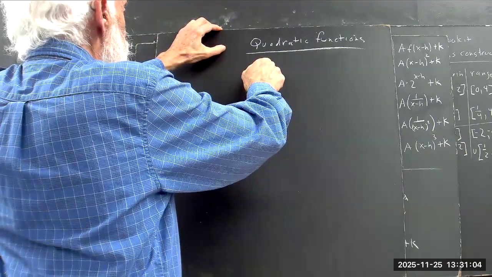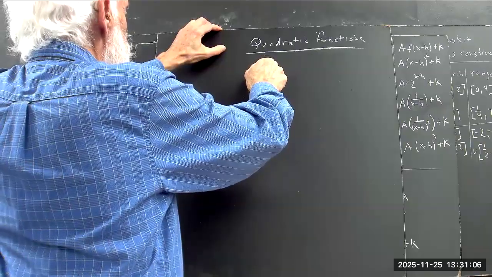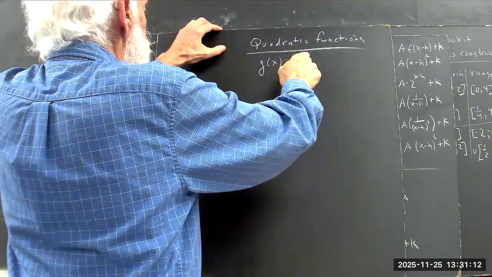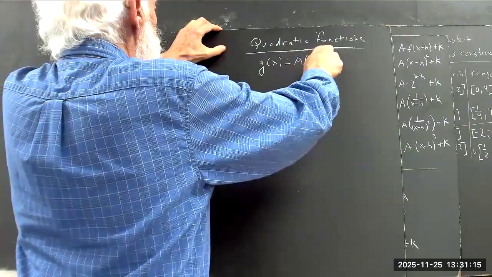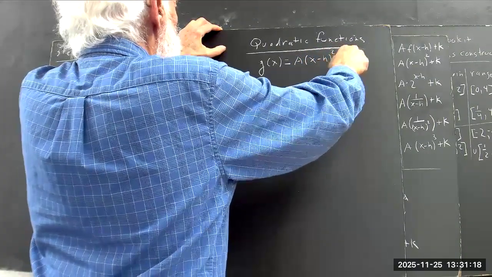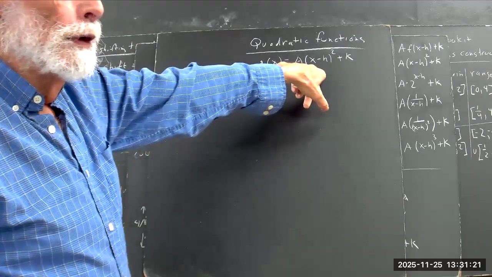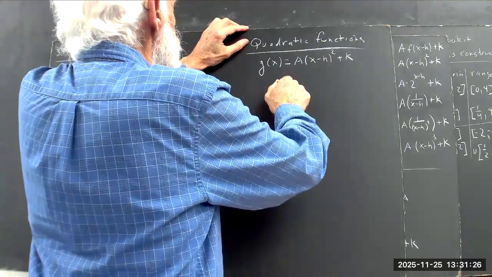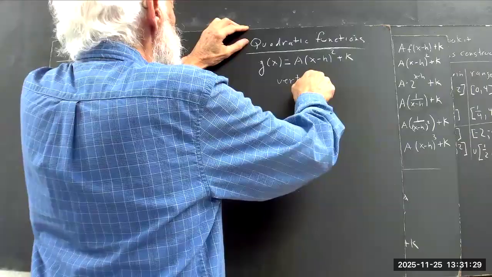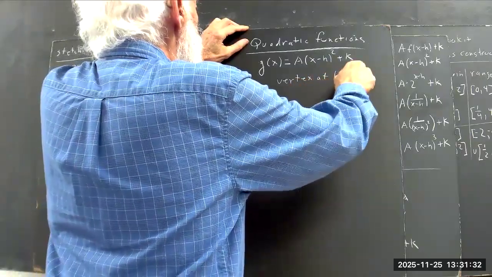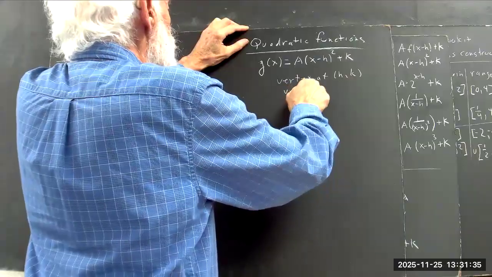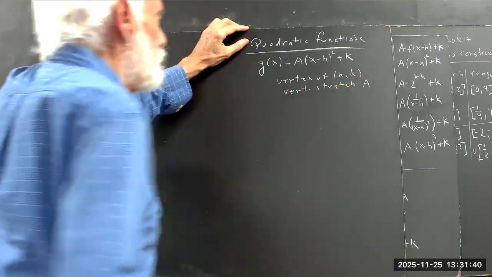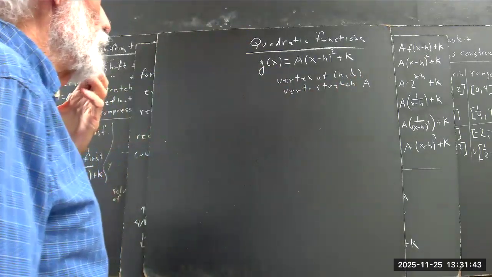Okay. The nicest form is this because you can easily graph it. The vertex, you can identify your vertex and the vertical stretch A.